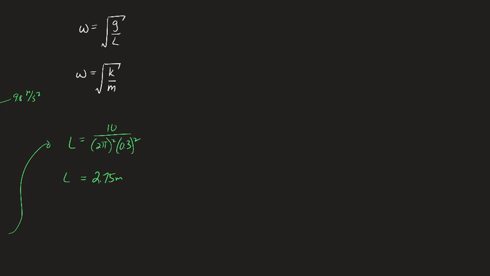We still have a frequency of 0.3, but this time we have 1 over 2 pi times the root of k over m. And you're just solving this for k. So I put in the 1 for the mass. I'm still going to have to multiply by 2 pi and square both sides. So 0.3 times 2 pi, all of this squared, equals k.